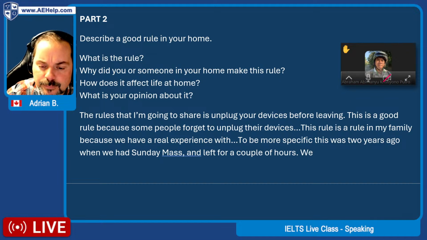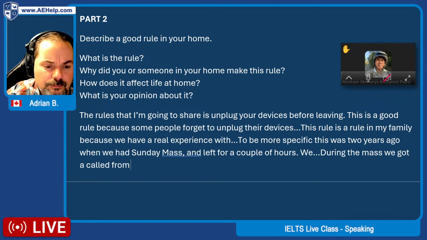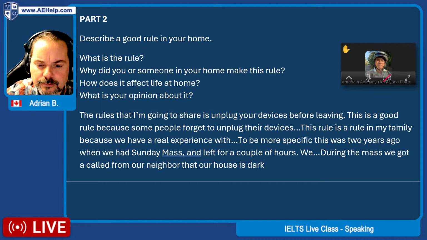And during the mass, I got a call from my neighbors that the light outside of the house is a blackout. I wondered why it is a blackout because before we leave, we turn off the outside light, and then we decided to go home early. And when we checked, we smelled burning cables.